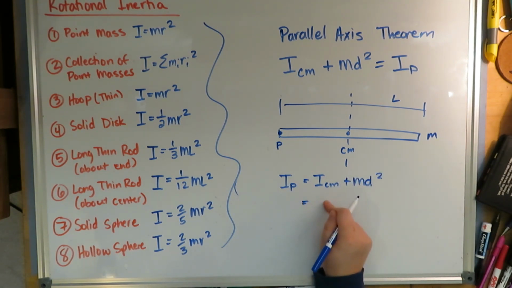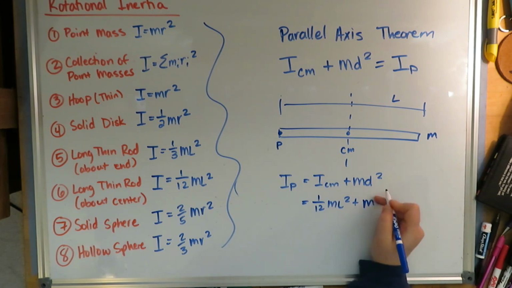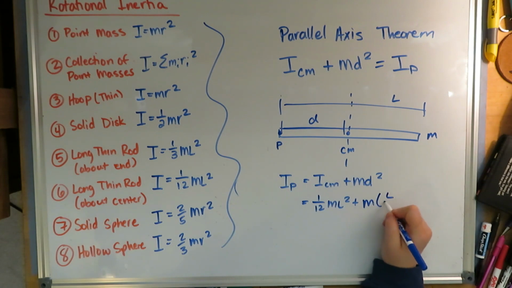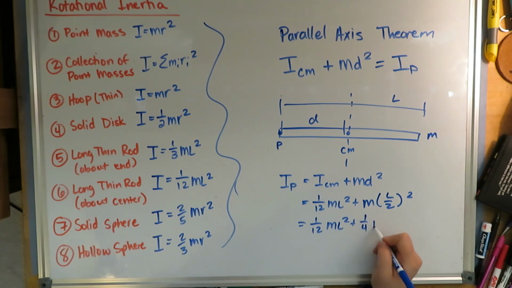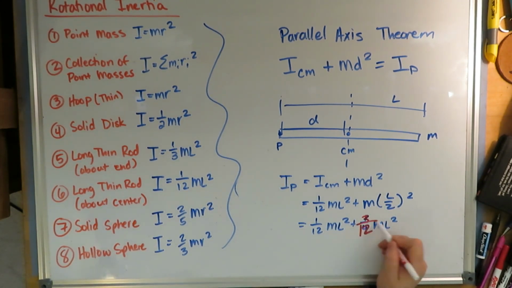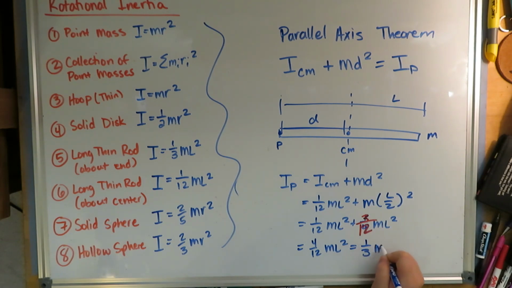Well, I of the center of mass for the rod about its center is 1/12 ml squared, plus md squared, where d would be this distance here, which is L over 2. And we get 1/12 ml squared plus 1/4 ml squared. If I multiply the 1/4 by 3 over 3, it's going to give me 3/12, so that's 4/12 ml squared, which is the same thing as 1/3 ml squared.